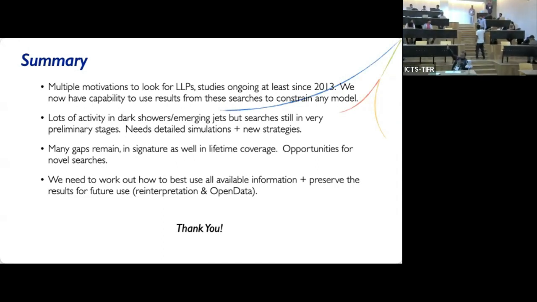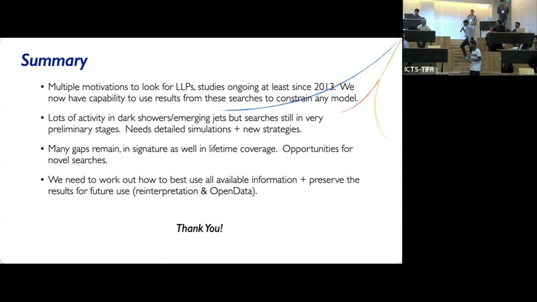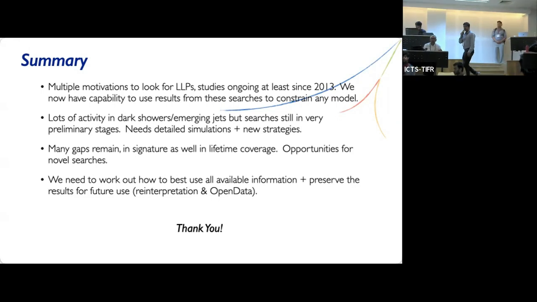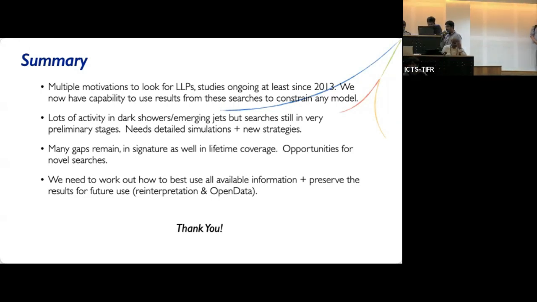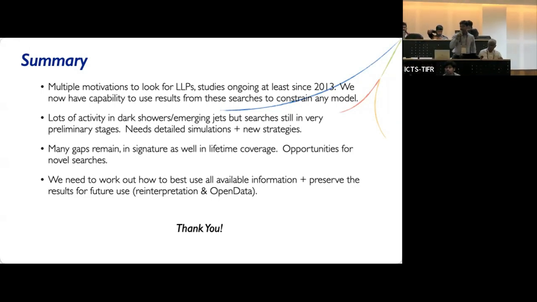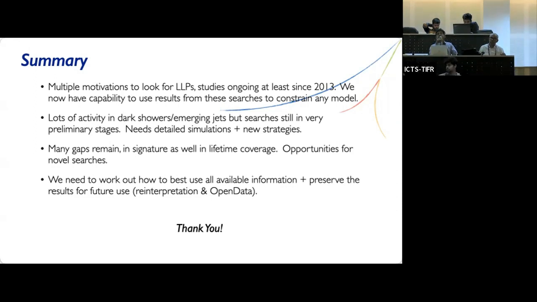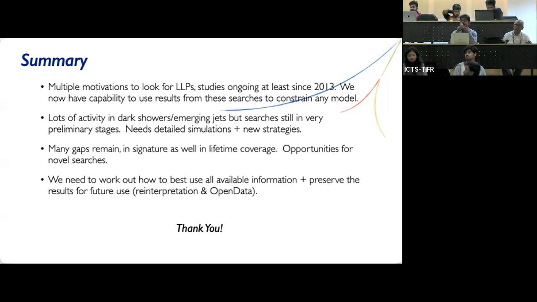Hi, Nishita. This was a beautiful talk. I have a comment essentially regarding the different possibilities of FIMPs and WIMPs giving rise to long-lived particles and MET and so on.